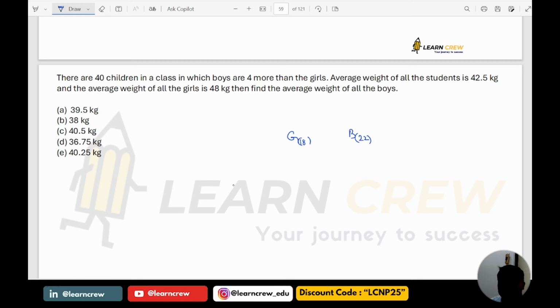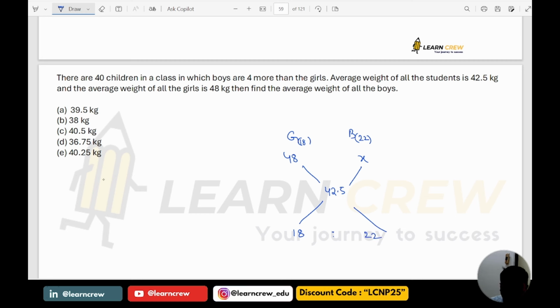The average weight of all the students, 42.5, is the mean. The average weight of all the girls is 48. So boys would be how much? Thereby the ratio of girls to boys is 18 is to 22, which is already known.